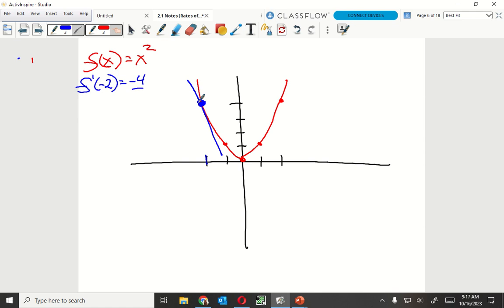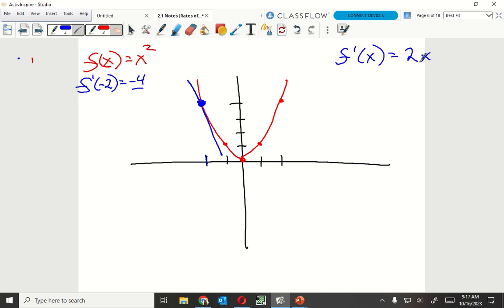Does that make sense now, or is that nonsense still? Okay? So given the f prime information, that f prime of x is 2x, I could find the slope of the tangent at any point.